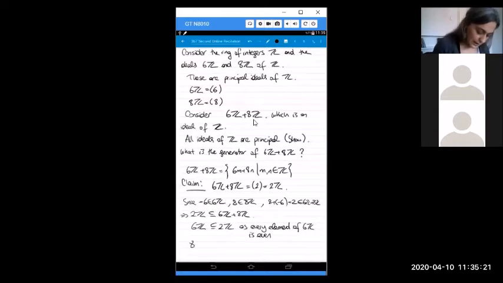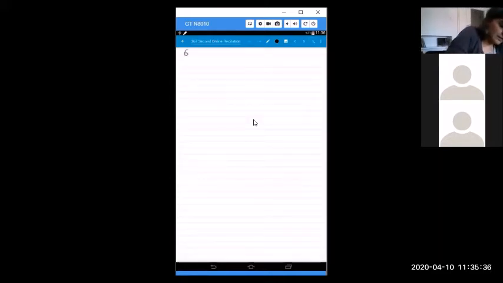And similarly, 8Z lies in 2Z with the same reasoning, as every element of 8Z is even. Okay, this means that 6Z plus 8Z lies in 2Z.